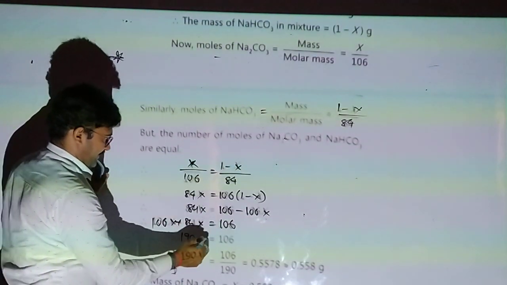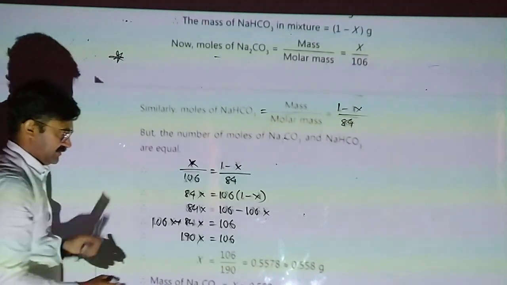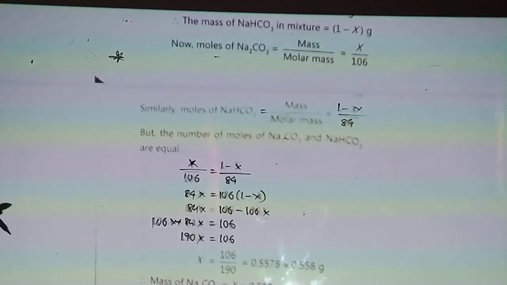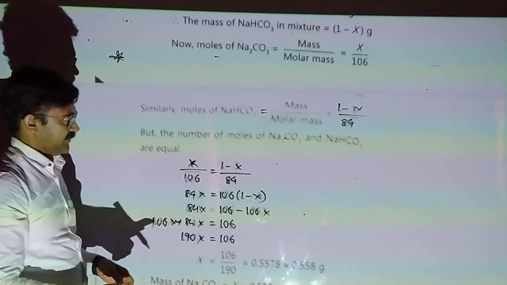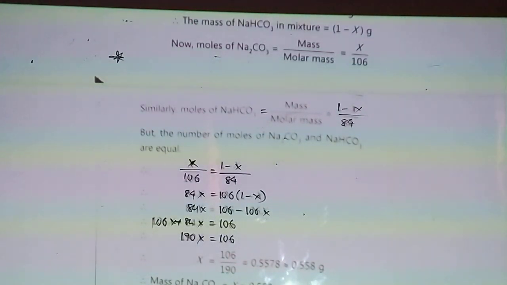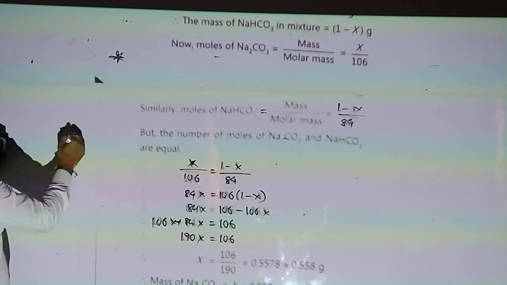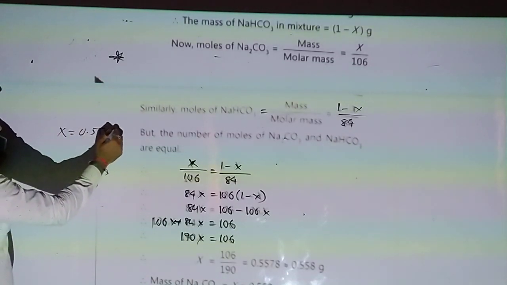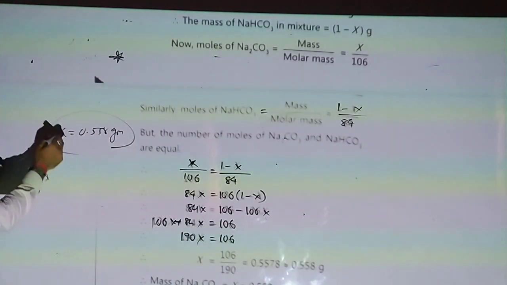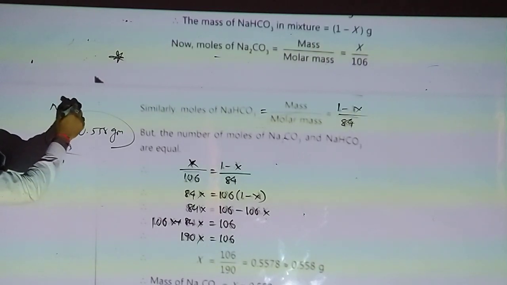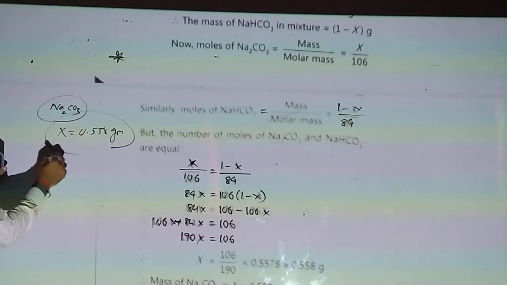So 190x is equal to 106. So 106 divided by 190, so value of x is 0.5578, 0.558 gram. So 0.558 gram is mass of Na2CO3 out of 1 gram.